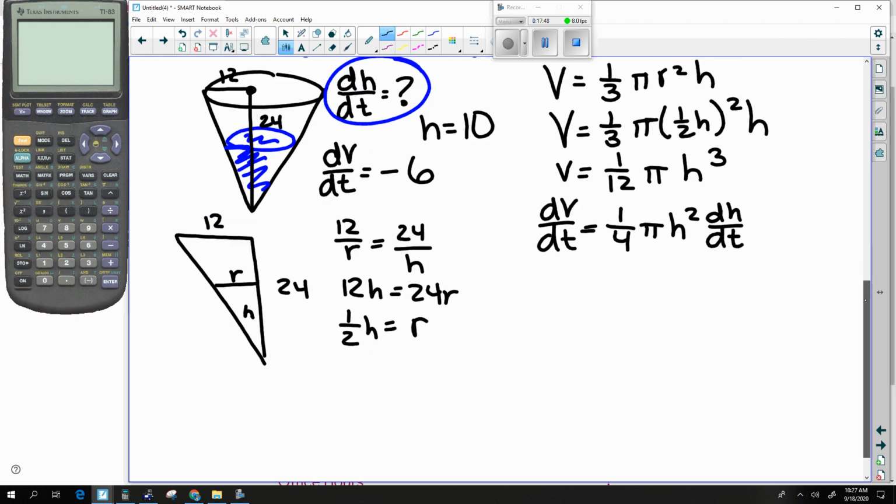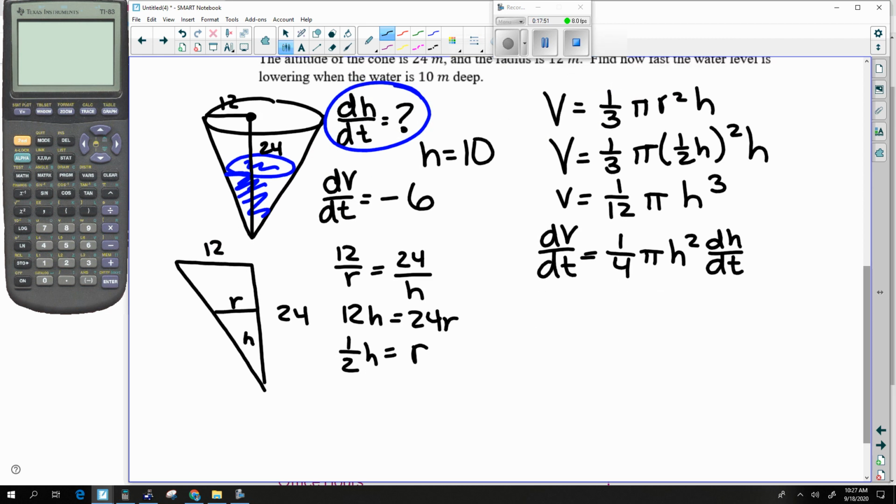All right. Ultimately solving this for dH/dt, I start with the dV/dt, which is -6. I multiply by 4, I divide by h squared, and I also divide by pi. So dH/dt is equal to -6 over 25 pi on the bottom.